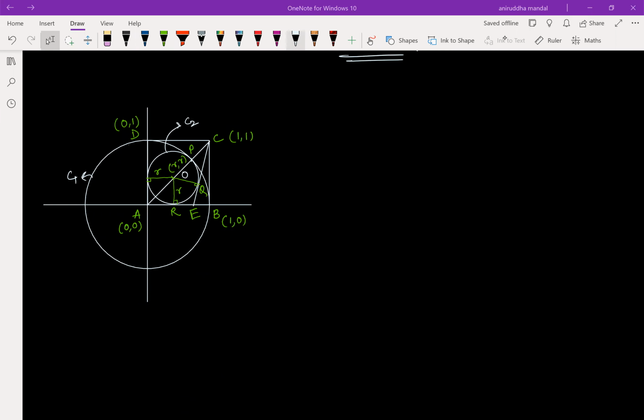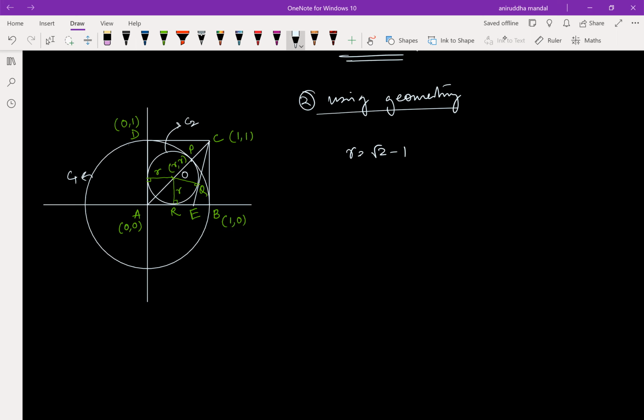Now the second method is using geometry. Let's say the figure is the same, and our radius we have calculated as root 2 minus 1, because we have to first calculate the value of r.